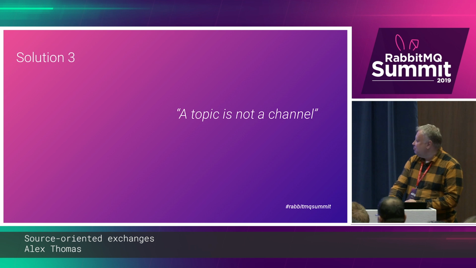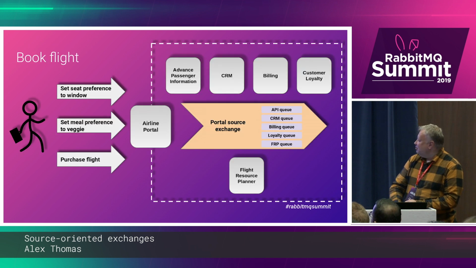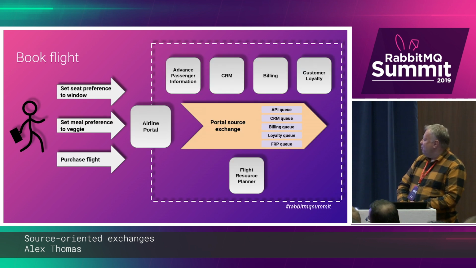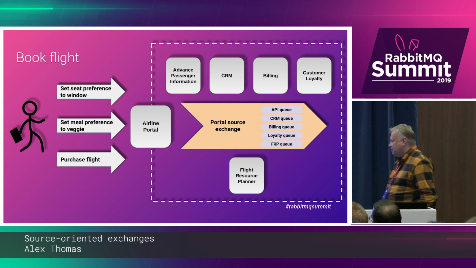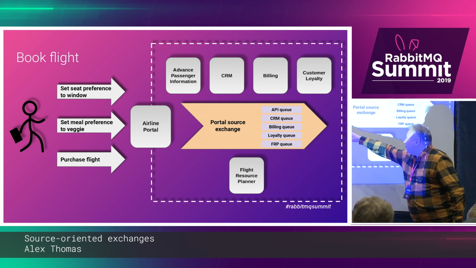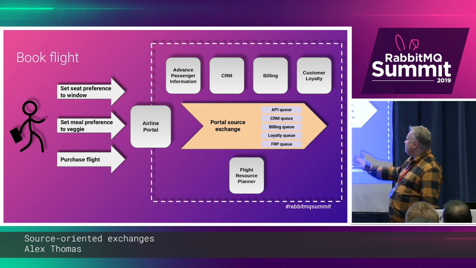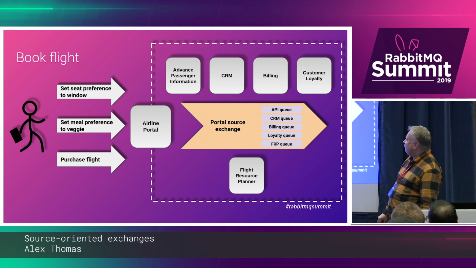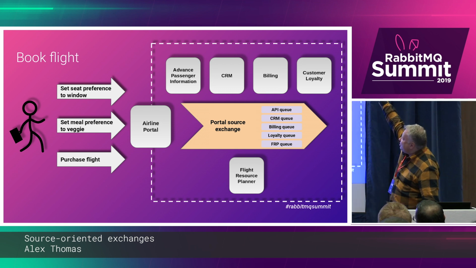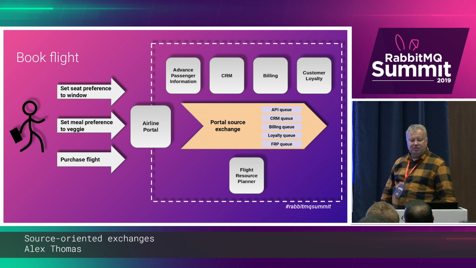So just to illustrate that, now we've got, in Rabbit terms, a single exchange that corresponds to the producer, the portal, and that exchange is then routing the messages to the queues that correspond to these other applications.